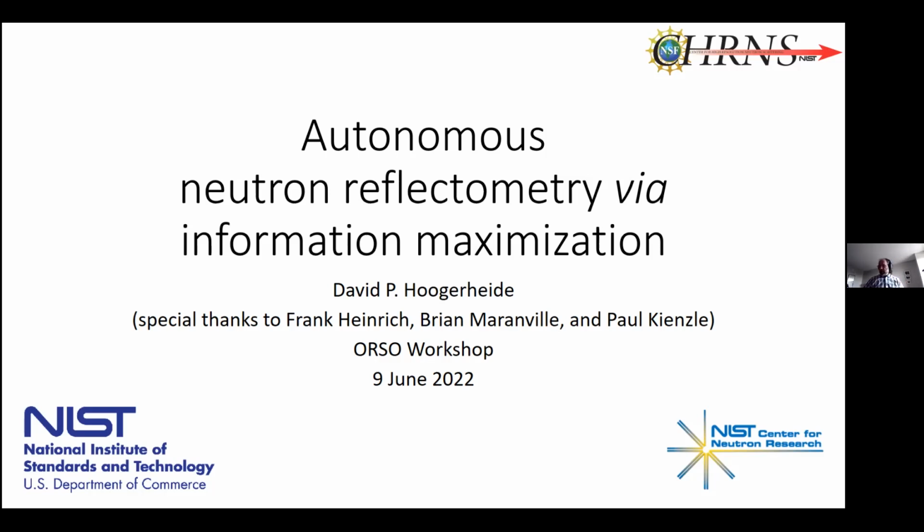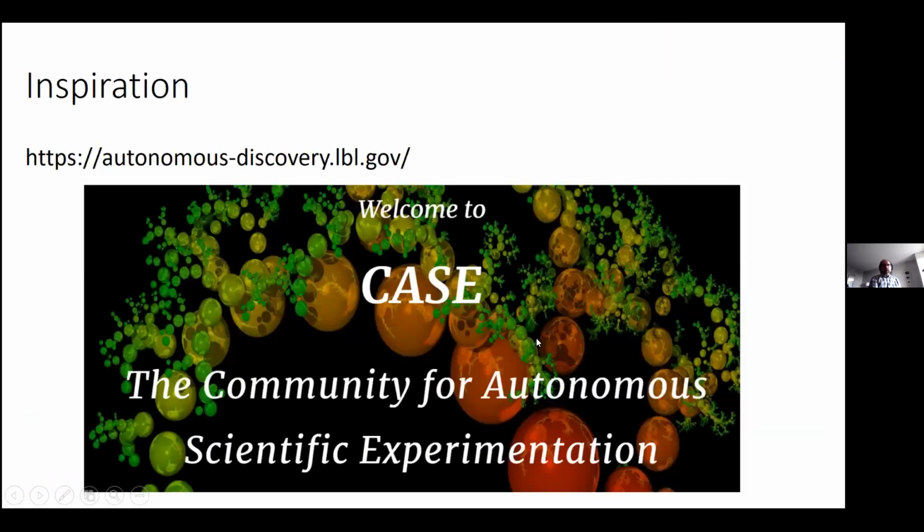About a year ago or so, Frank and I attended a workshop at Lawrence Berkeley Lab in the US. It was a virtual workshop on autonomous experimentation. A lot of the approaches that we heard there were related to solving big Bayesian integrals.